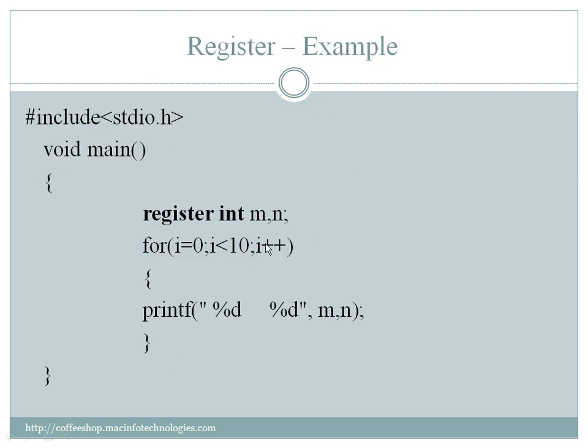So here's an example. Most of the time, if we are using i many times, we can use that as a register variable, or we can use m and n as register variables. There's no change in the output. It's simple. You get a garbage value. It prints the garbage value of m and n 10 times.